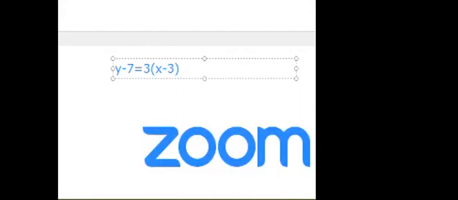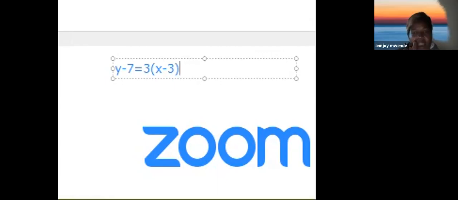Now from there you follow the instruction that you are given in the question. Many students make an error that I usually encounter: when they are saying change in y divided by change in x, a student will say x minus 3 divided by y minus 7. That is wrong. Instead of change in y divided by change in x, they interchange it and say change in x divided by change in y. That is one error usually encountered.